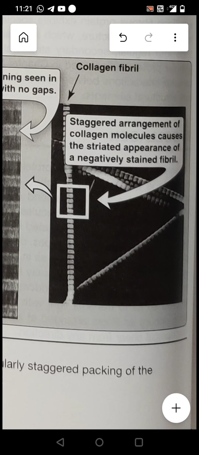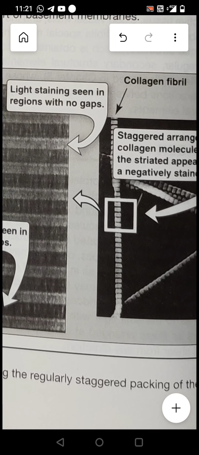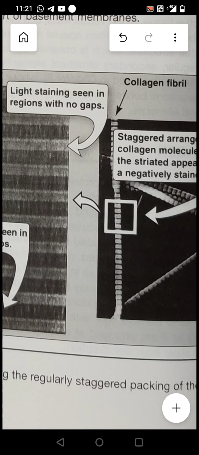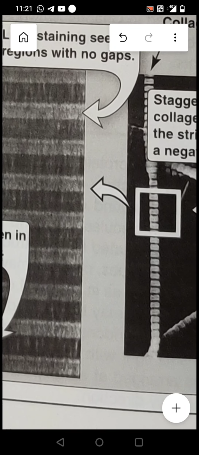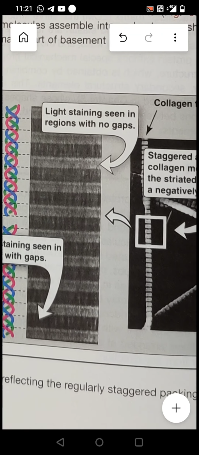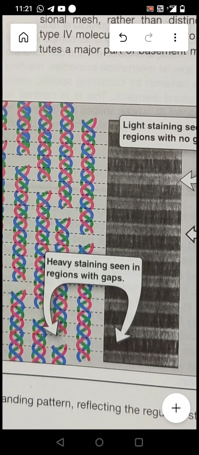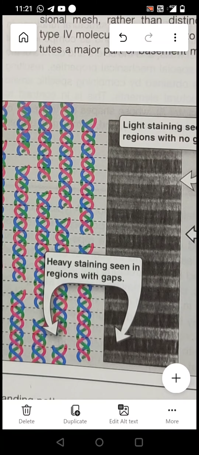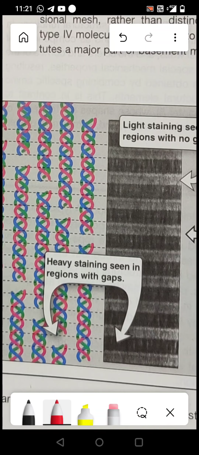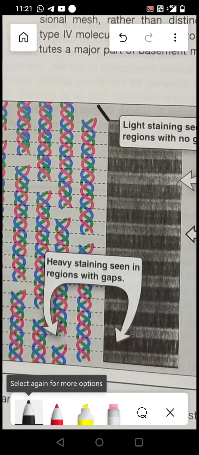So that is why when you take each particular collagen fibril, fibril means what? One fibril consists of multiple alpha chains which are arranged with a gap in between. So one line I can call a fibril.